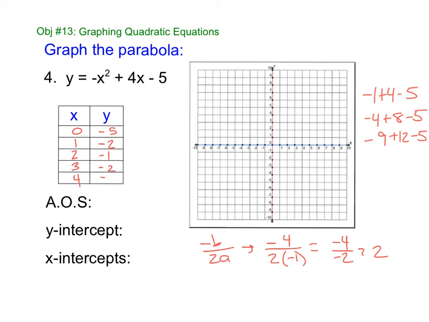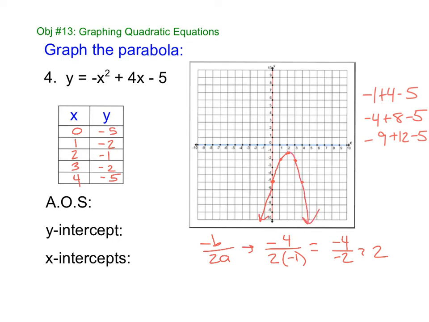And then I'm going to get -5. So again, notice that symmetry happening. So we have 0, -5; 1, -2; 2, -1; 3, -2.